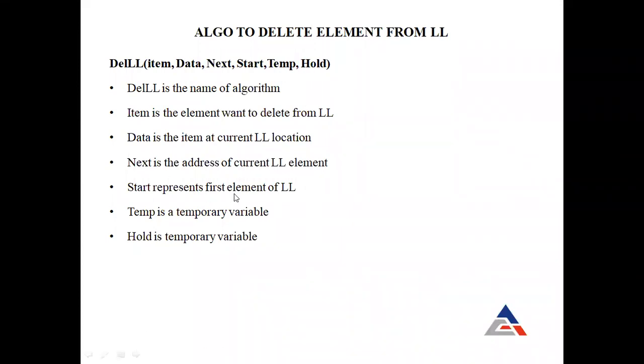Start represents the first element of the linked list. Temp is a temporary variable I have used, which is helpful when I go for the designing of the algorithm. And hold is also a temporary variable that I have used to put some value over there. So temp and hold are 2 temporary variables, and item, data, next, start are some of the important variables with the help of which I can delete the element from the first location or from the last location or from any location in between the linked list.